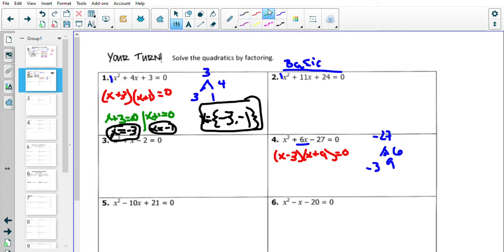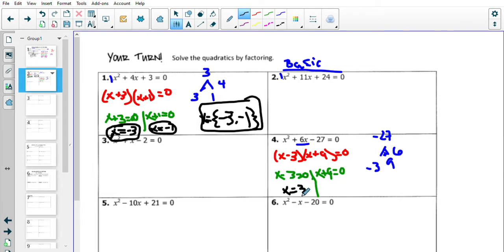We're going to set both factors equal to 0 here. So x minus 3 and x plus 9. Okay, so then we're going to do the opposite of each one, right? That's what you should have noticed so far, is that your answer actually is the opposite of what you're adding or subtracting. So if I have x minus 3, that means that I'm adding 3 onto both sides to get x by itself.